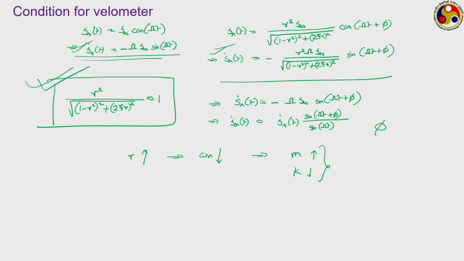Now, let us check the condition for an accelerometer. So, again we first check the imposed part. We know that the imposed displacement S S t is equal to S S naught cos of omega t. So, correspondingly imposed velocity is equal to minus omega S S naught sin omega t, which we used in the previous slide for a velometer, but now our objective is on acceleration.